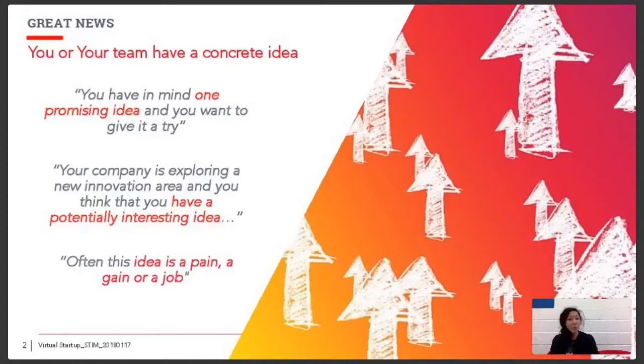An idea that your company is exploring, and you think that you have an idea which is rather promising and rather concrete. In this situation, you already know what will be the pain point of your idea, whether there is any gain for a particular customer or you bring something new to the table. If you're in this situation, you already have methods that are going to help you to deal with this situation in order to validate and test your market.